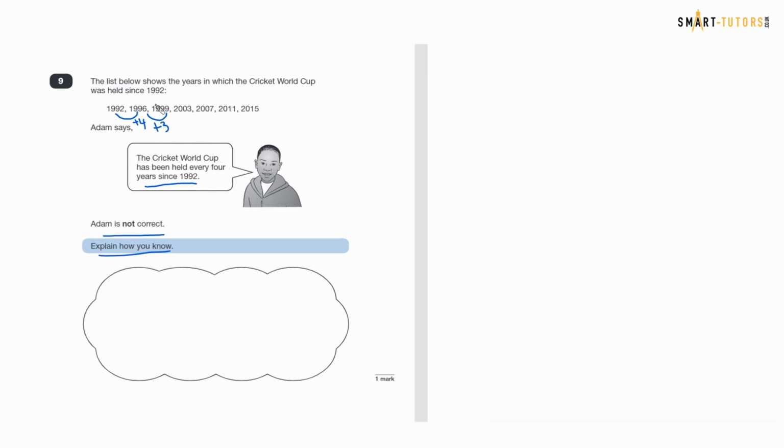Exactly. So the sequence is not jumping by 4 years each time. The first gap is 4, the second one is 3, and the third is 4, and the fourth is 4. Everything is 4 apart from the 3. So in the space below, we are going to write something to the examiner.